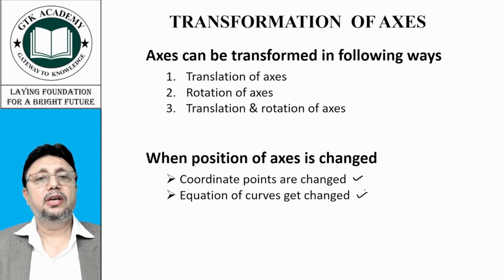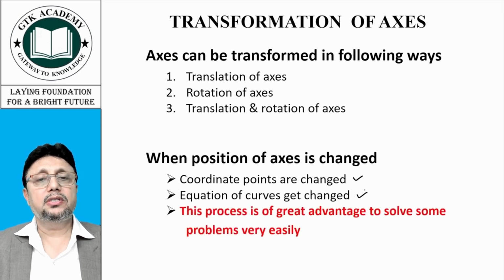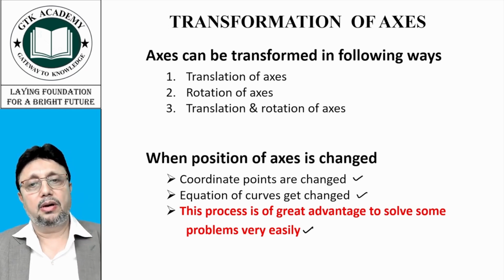The most important thing which I wanted to discuss here, that is the reason for making this video: this process is of great advantage. At times it can solve some problems very easily. That I am going to demonstrate with one example. There can be many more examples.